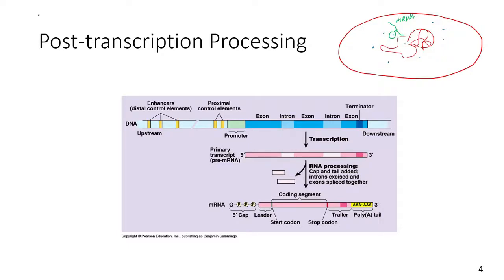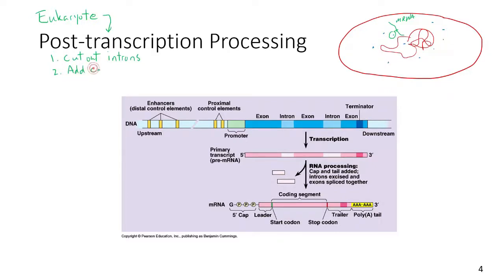So if you are a eukaryote, then you are going to do something else after making the messenger RNA, and that's the post-transcription processing. Basically what we're going to do is this. First, we're going to cut out these strips called introns, just little segments. We're going to remove them and leave them in the nucleus. Two, we're going to add a couple of stabilizing elements.